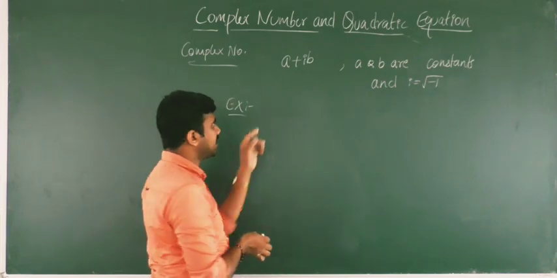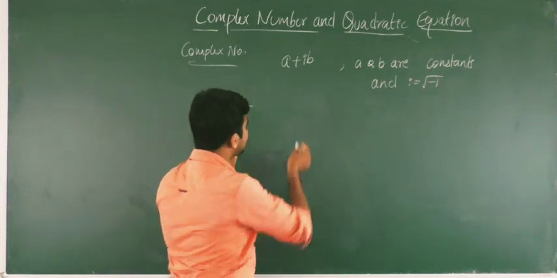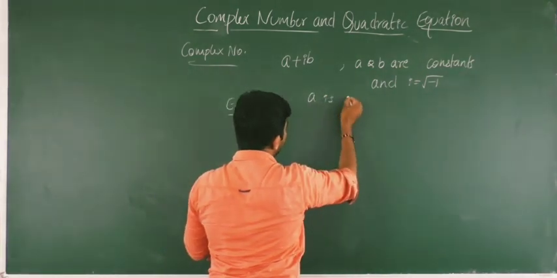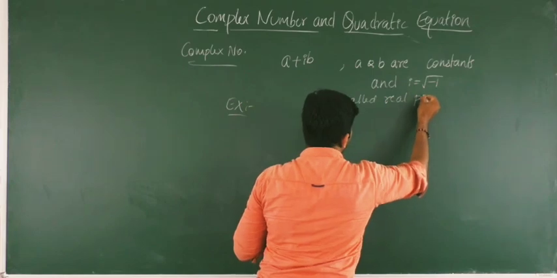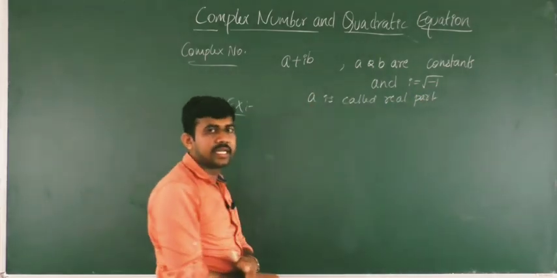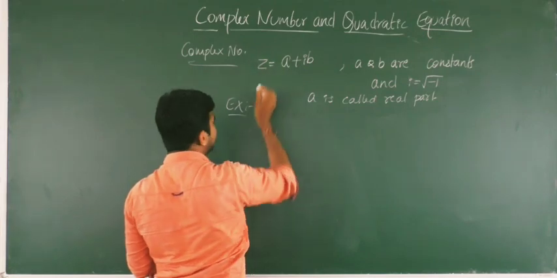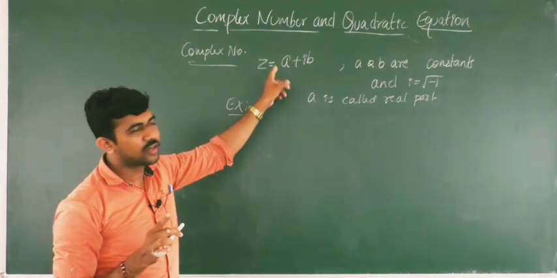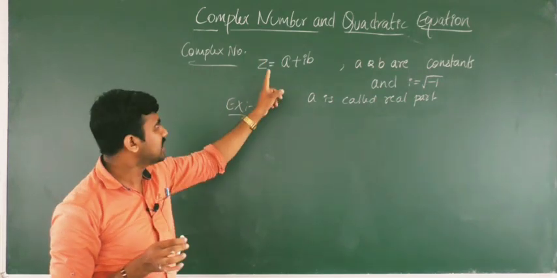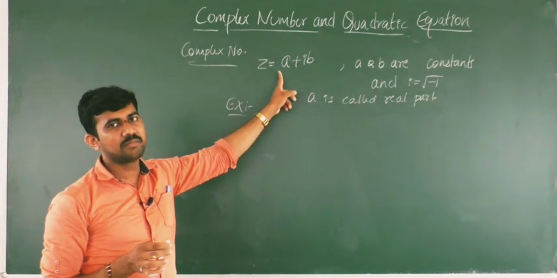See, it should contain two parts like this. Here a is called the real part of the complex number. If you consider this complex number as z, we can give a standard letter z for a complex number. So let z is equal to a plus ib be a complex number.